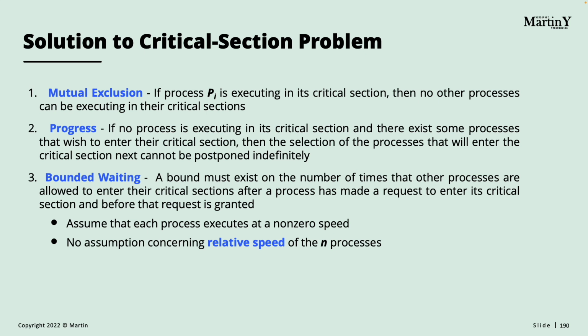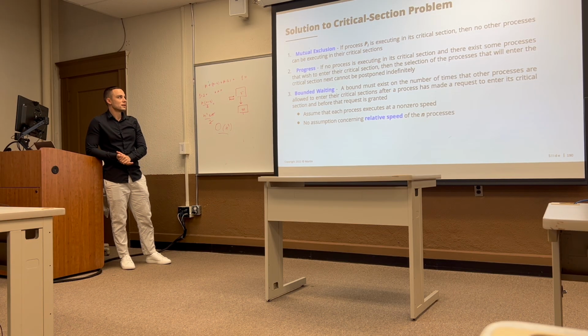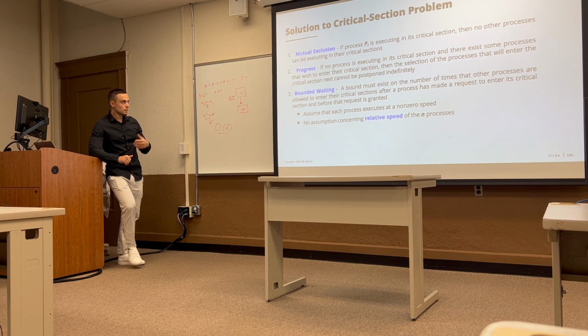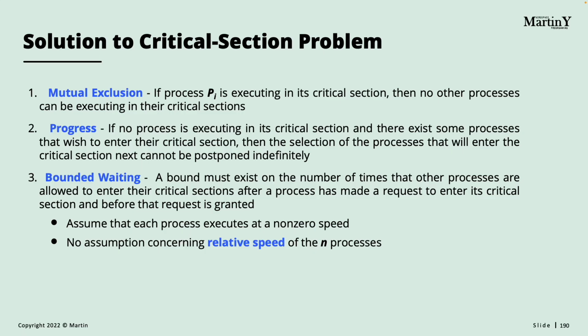So we have three basic rules. The first one is mutual exclusion. We need to make sure that when one process is in its critical section, no other process can perform tasks in the same critical section. We need to make sure that this is the case.